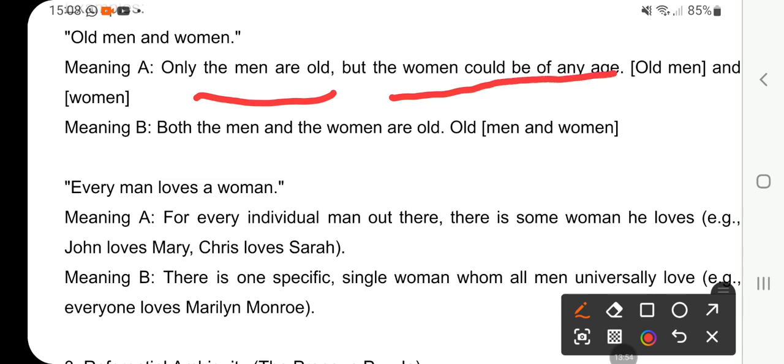Old men and women, women may be young or a very young girl, right? Anybody can be. Women's age is not clear, men's age is clear, old men. But the second interpretation, both old men and women, both are old, right? Not clear with this phrase, old men and women, right?